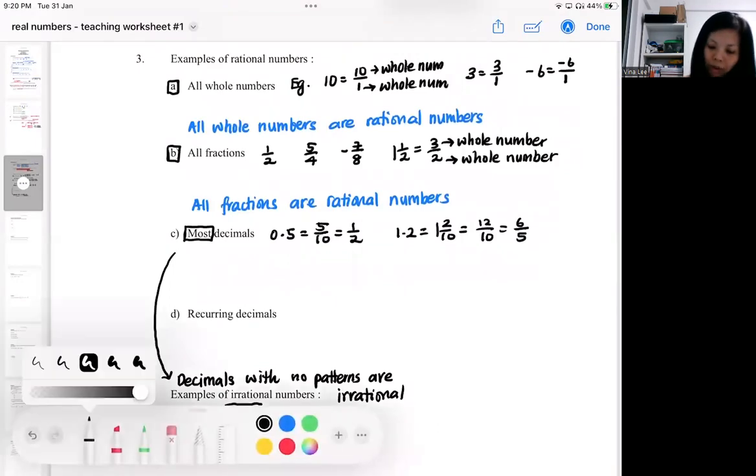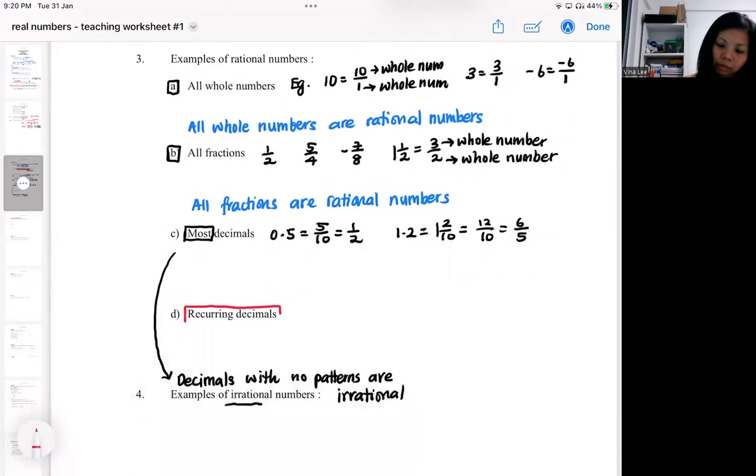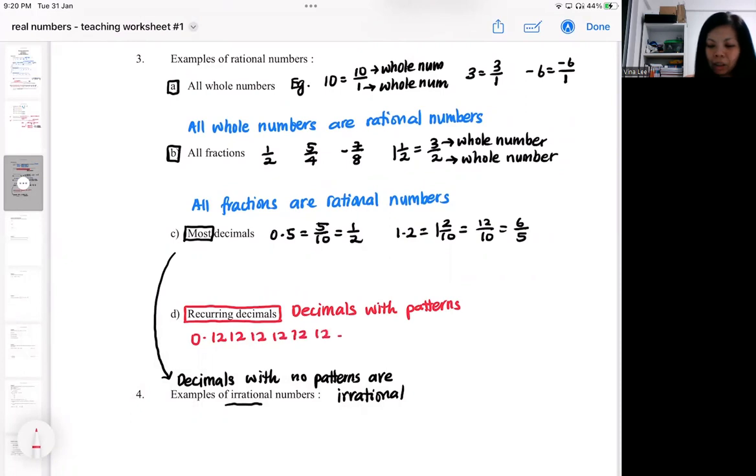Then what is known as a recurring decimal? Recurring decimals are decimals with patterns. Let me show you an example, like 0.121212. There is a pattern, but the pattern doesn't stop.